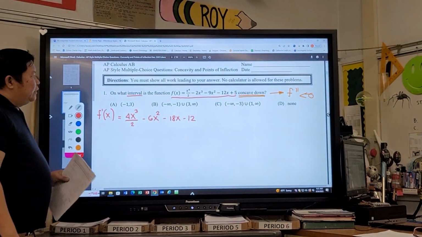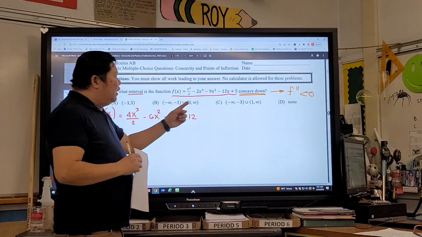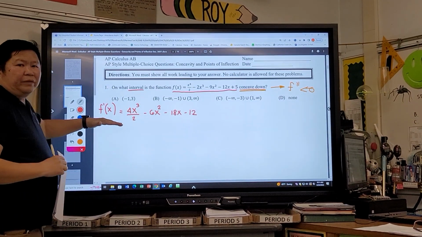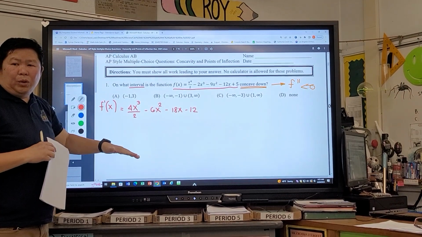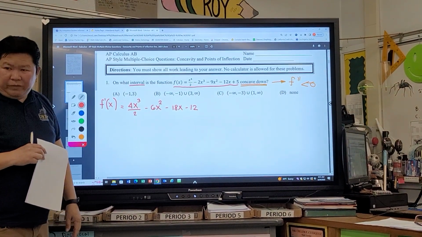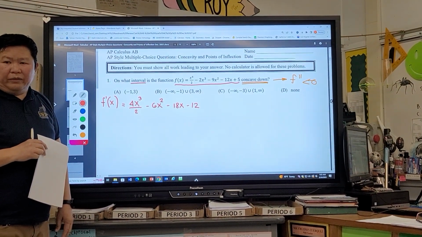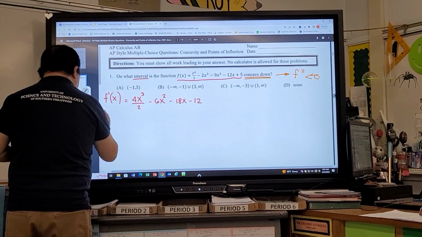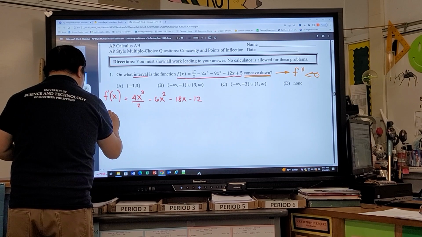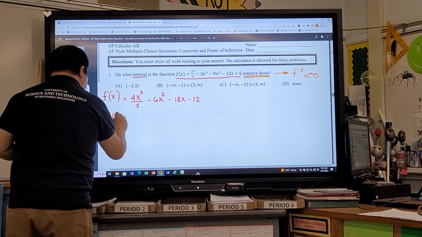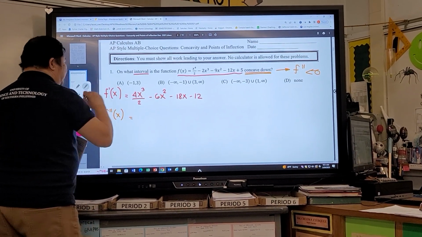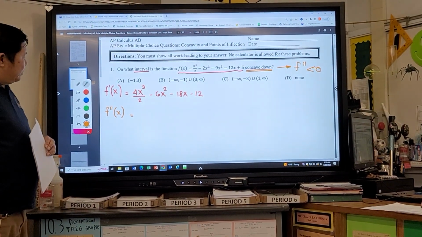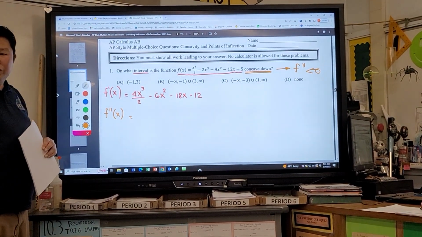And then take note of that word concave down. That means we don't stop right here taking the first derivative. Rather, we have to go to the next derivative, which is the second derivative. So f double prime of x. So take now the derivative. That means 12x to the power of 2 over 2, right?